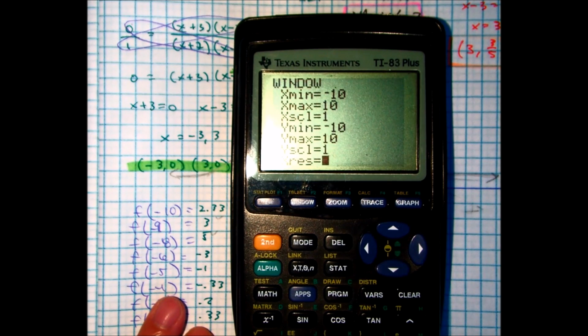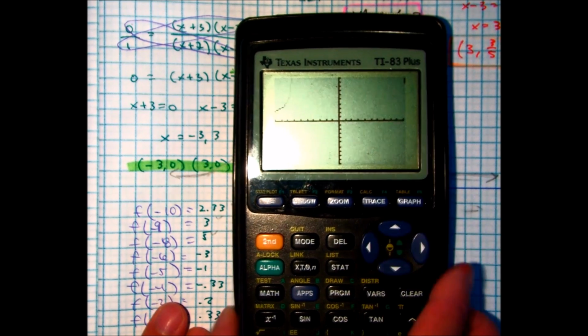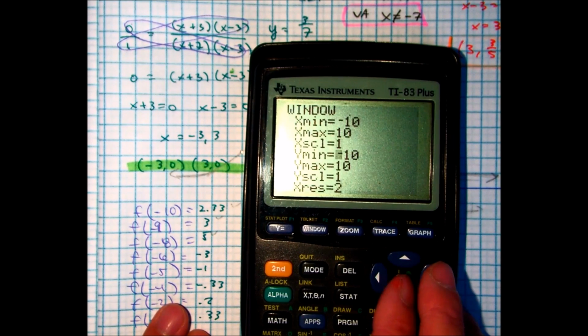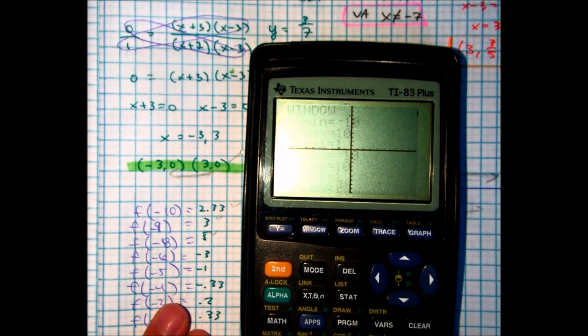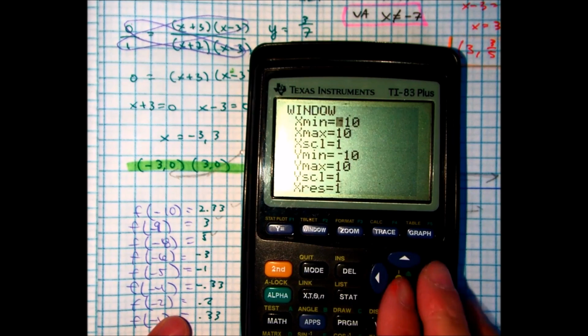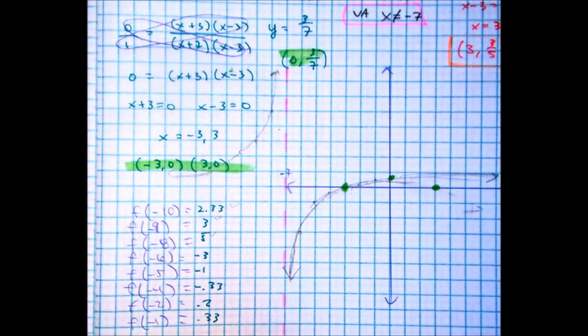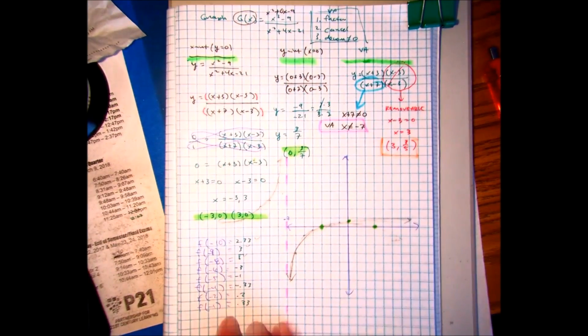If I put 2, it actually takes off the, no it didn't. Never mind. I thought it was going to take off the vertical asymptote. I don't know what happened. I'm sad. Hopefully you're not sad. And we just graphed the rational function by hand. Awesome.